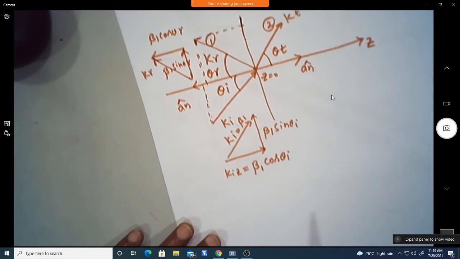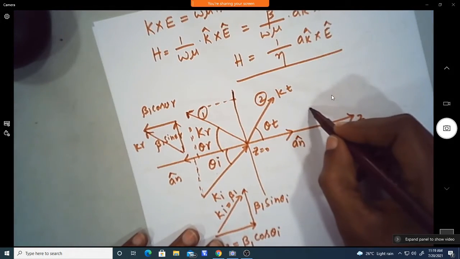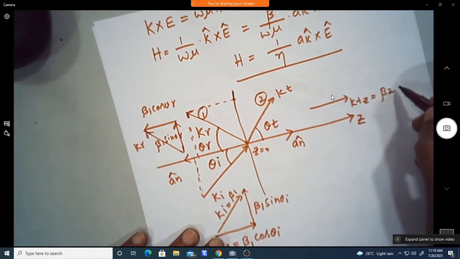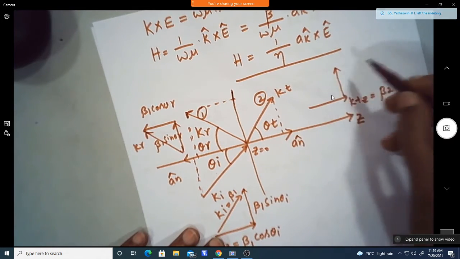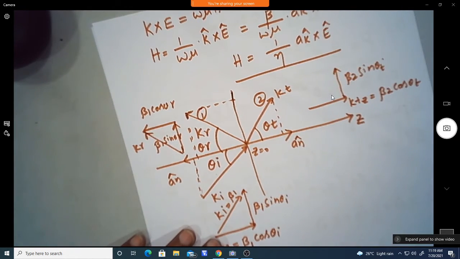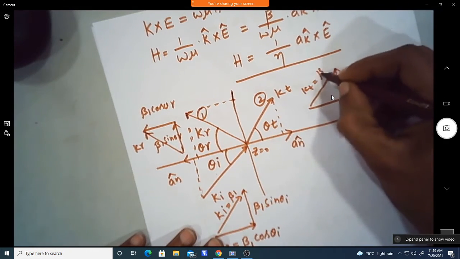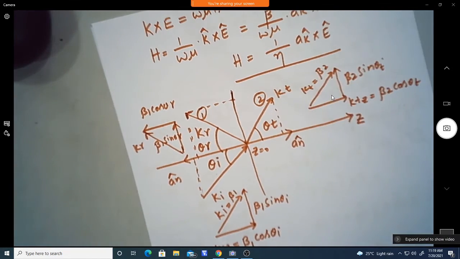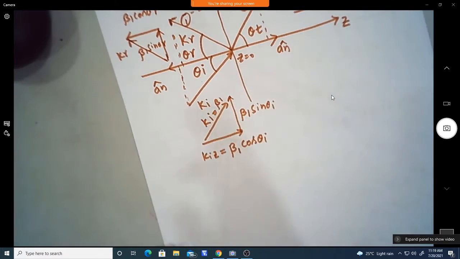Similarly, for the transmitted propagation vector, the tangential component ktz is beta 2 cos theta t, and the normal component is beta 2 sin theta t. This is kt, the transmitted propagation vector, which is beta 2 since it is in medium 2. These are all the tangential and normal components of the propagation vectors in medium 1 and medium 2.